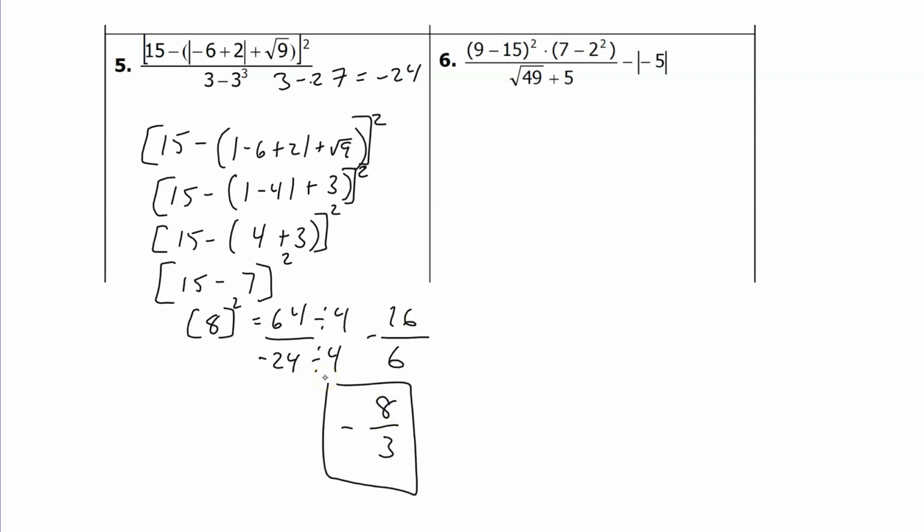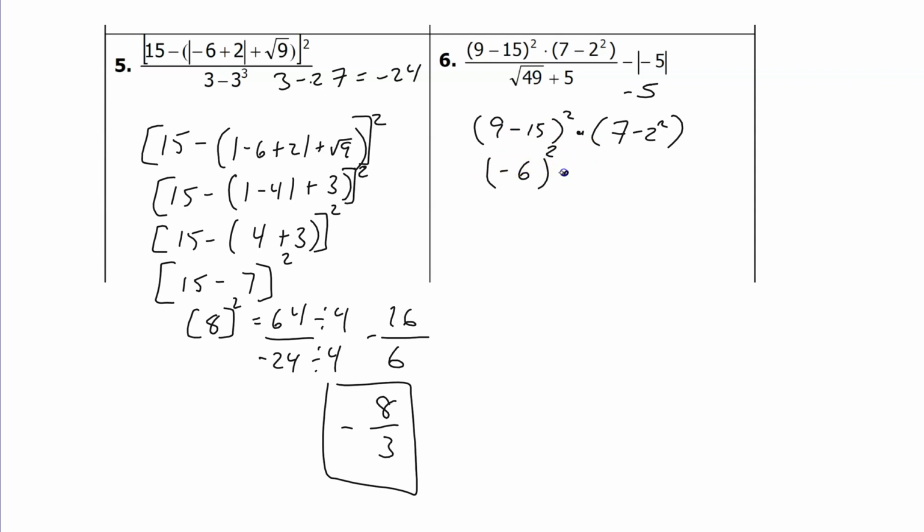All right, so number 6, we go ahead. I will deal with the top. See over here, we know this is just going to be a 5, so whatever we end up with for this fraction, we're just going to subtract 5. So when I deal with the top, I have 9 minus 15 squared times 7 minus 2 squared. 9 minus 15, that's going to be negative 6, all squared.